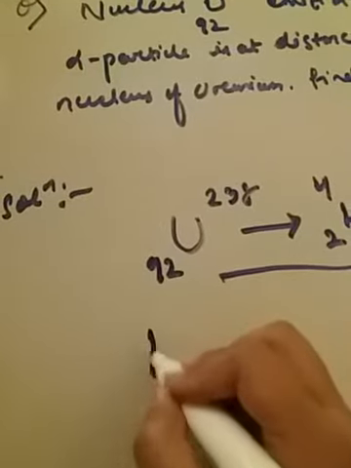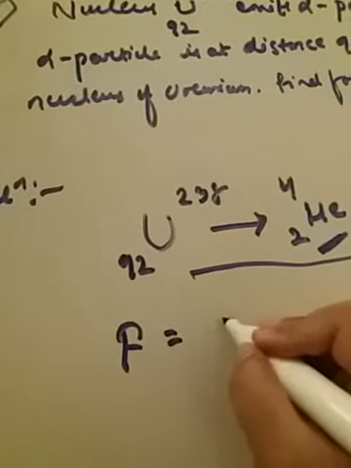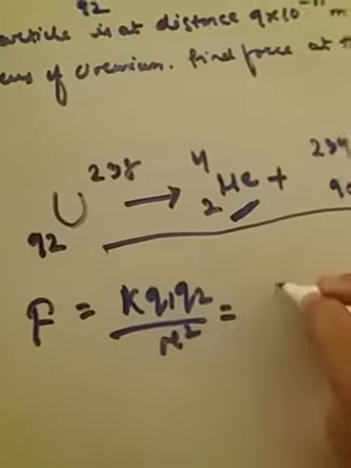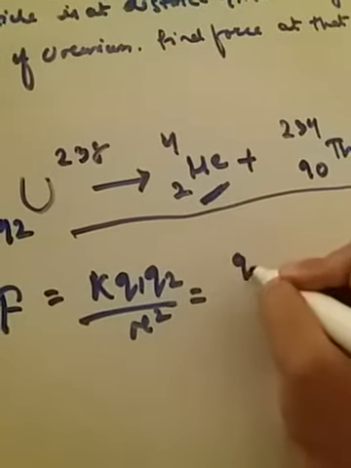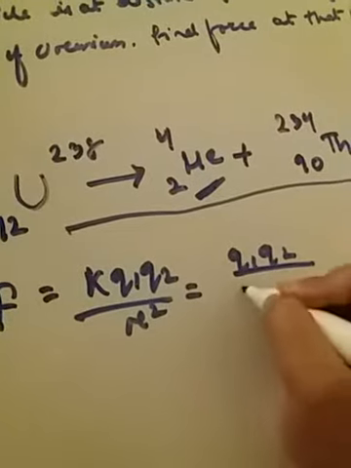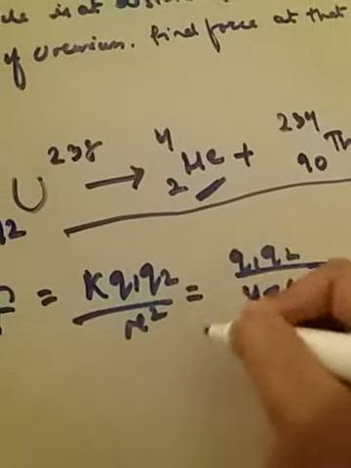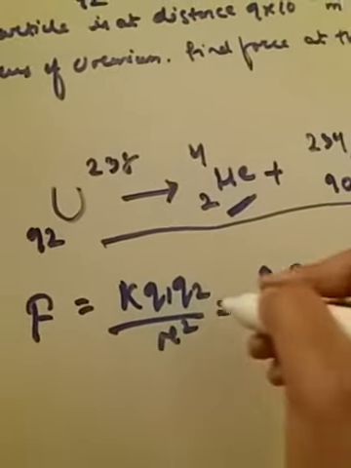Now the force formula, as you know, is K Q1 Q2 by R square, or you can write it as Q1 Q2 by 4 pi epsilon naught into R square, as the K value is 1 by 4 pi epsilon naught.